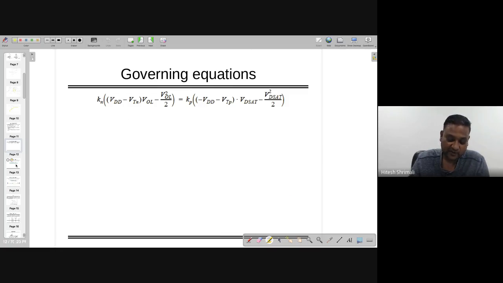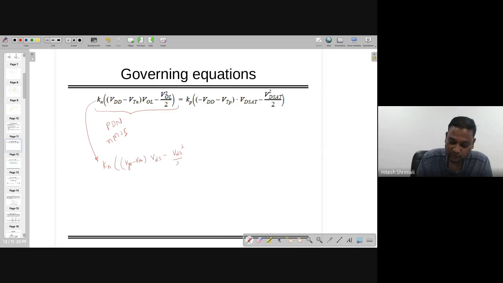And by looking at the equations, you can see that the NMOS side, which is the power down network, follows this current equation: Kn times (VGS minus VTH) times VDS minus VDS square by 2, right?